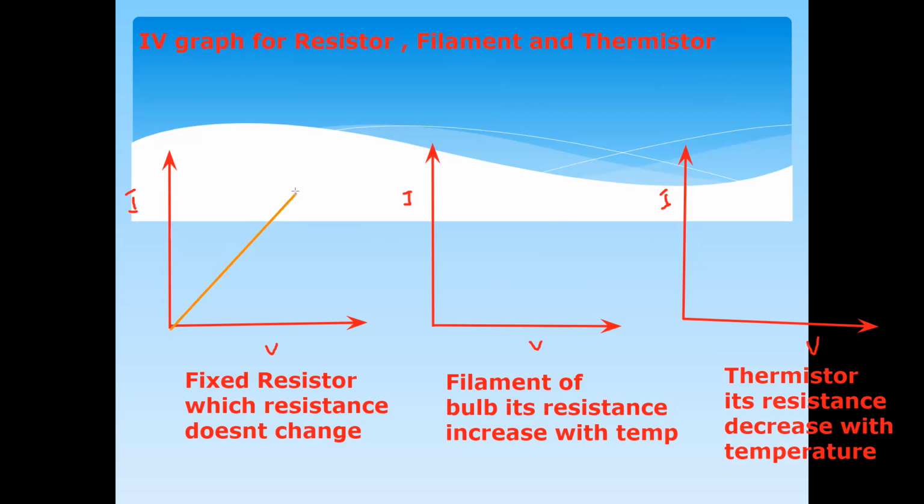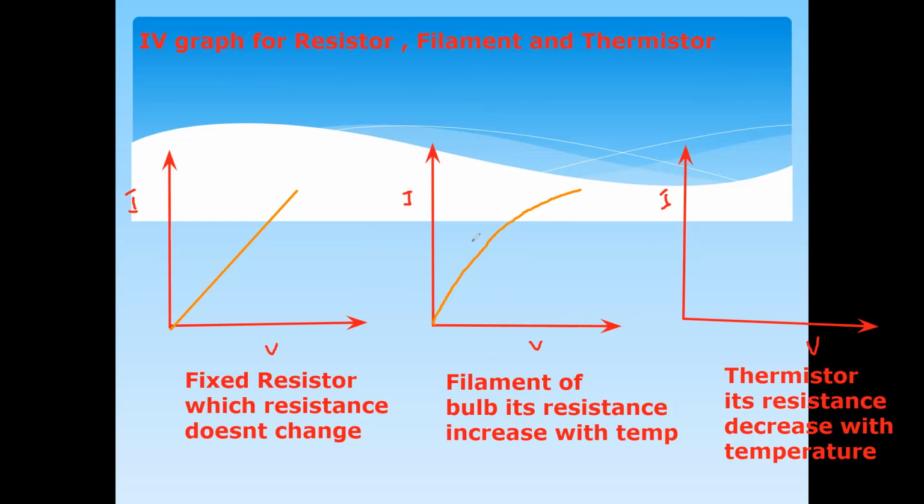But when we sketch an IV graph for a filament, what happens is that the filament bulb produces heat energy as well, and due to this heat energy the temperature of the filament increases. If the temperature increases, the resistance will also increase, and the rate of flow of charge, or the current, starts to decrease. So it will be like this.